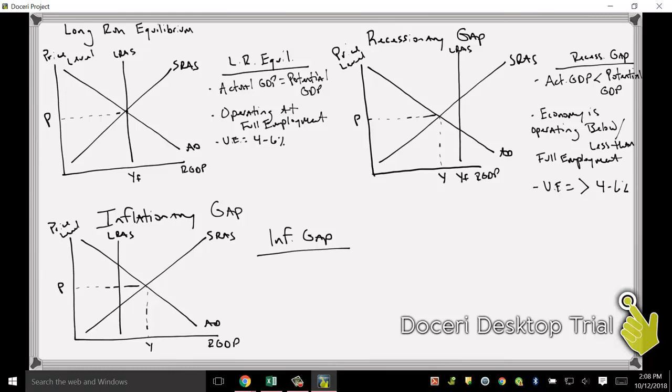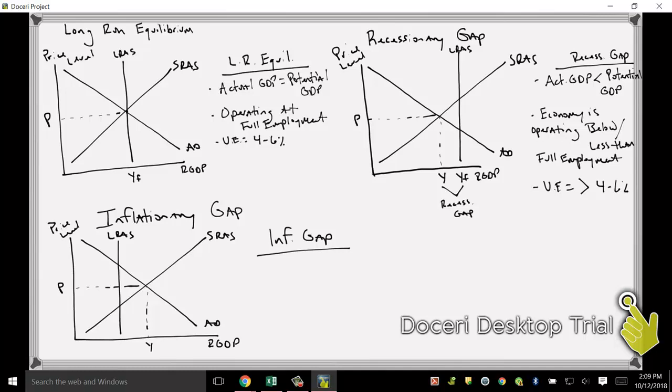And so this gap right here between Y and YF, that's really what we would call the recessionary gap. And this situation would happen when an economy is moving in the contraction phase of the business cycle.